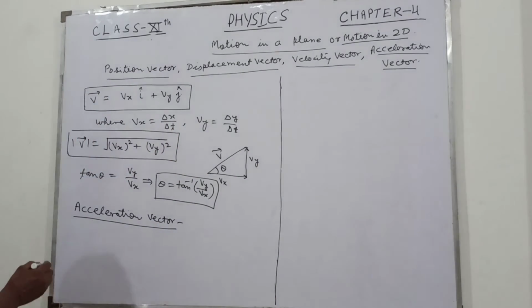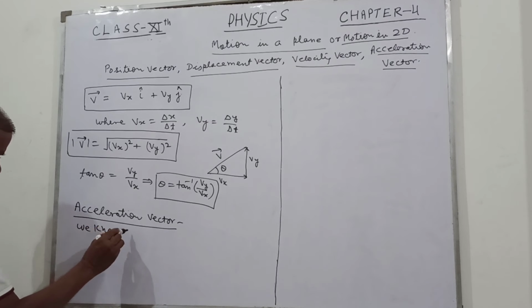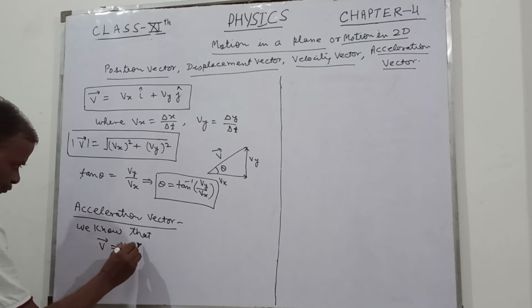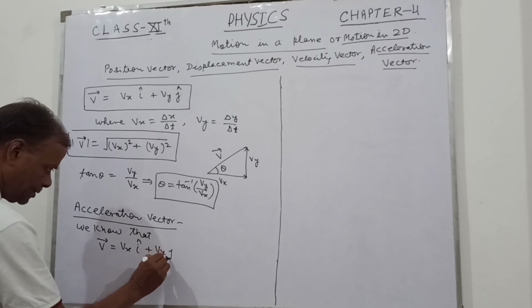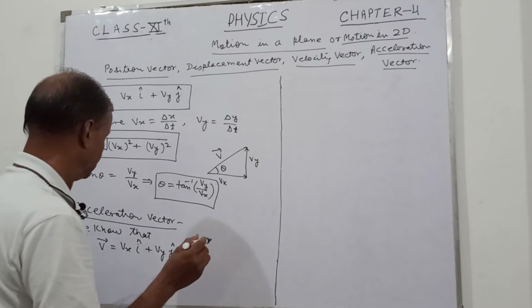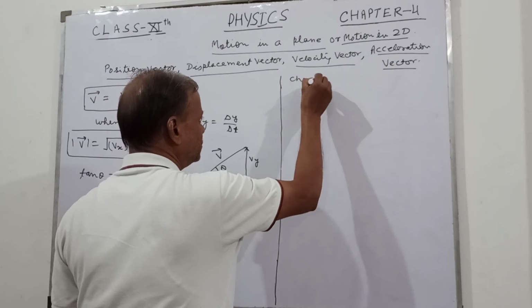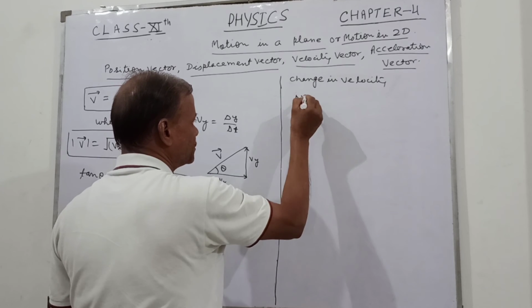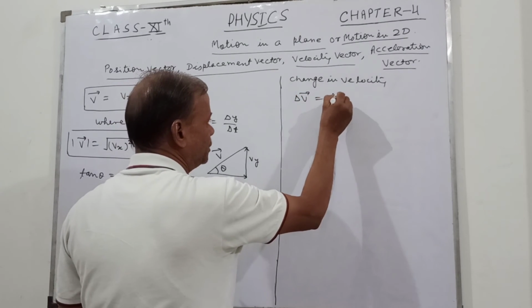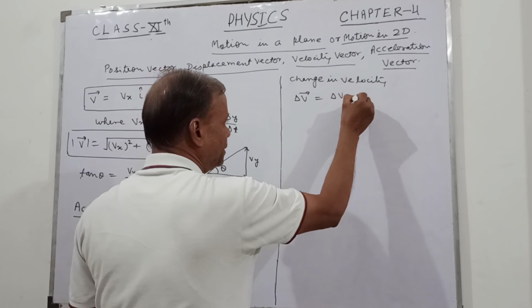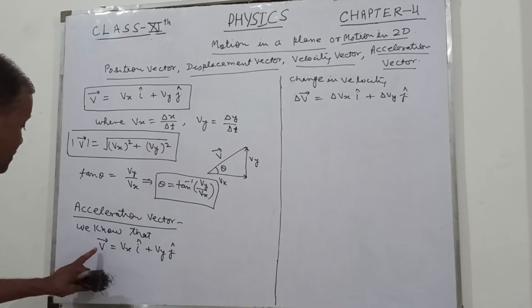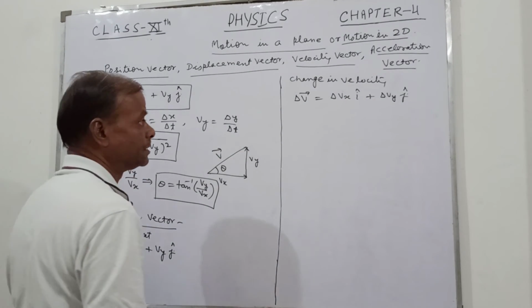Now here the velocity vector, we know that v equals vx i plus vy j. So the change in velocity, delta v, is equal to delta vx i plus delta vy j. Let this change take place in the time delta t.